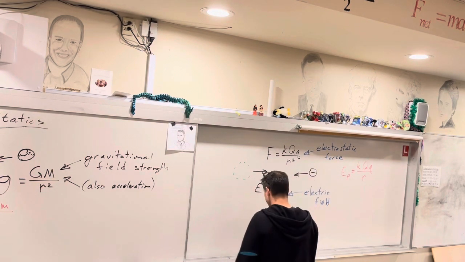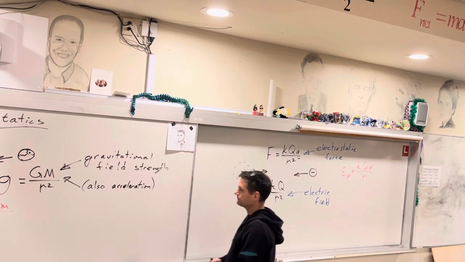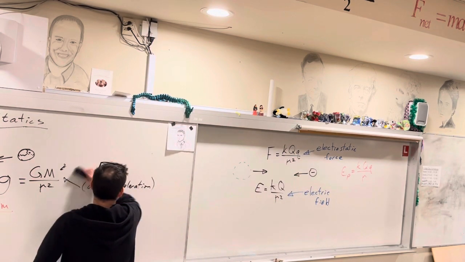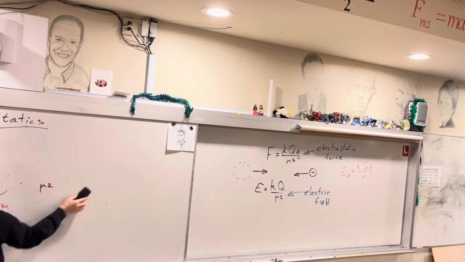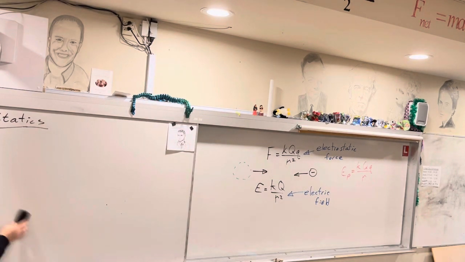Okay, and I'm going to make a little chart here. So we have all our formulas. I'm giving you a lot of formulas today. That's okay, they're all in the formula booklet. Yeah, that's true. But it's nice to be able to understand them.